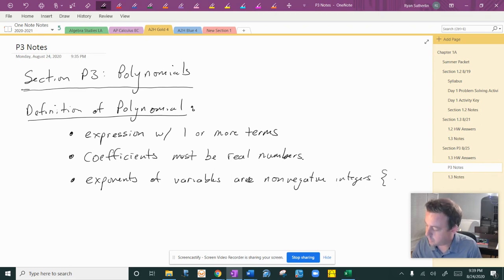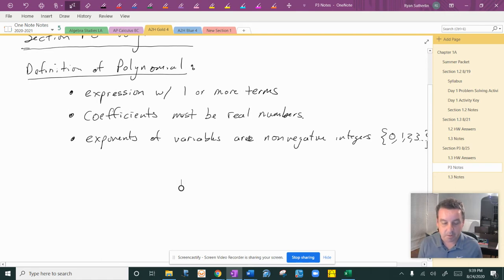So really, we're talking about the whole numbers there: 0, 1, 2, 3, dot, dot, dot, and it could go on forever. You can't have an exponent that's a fraction, and you can't have negative exponents and still consider it to be a polynomial. So that's what it means for a mathematical expression to be a polynomial.